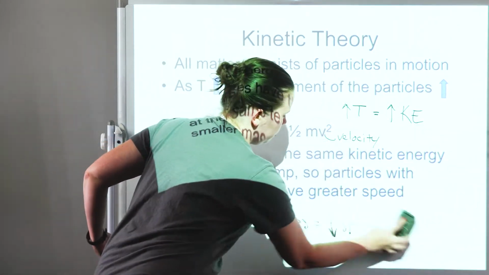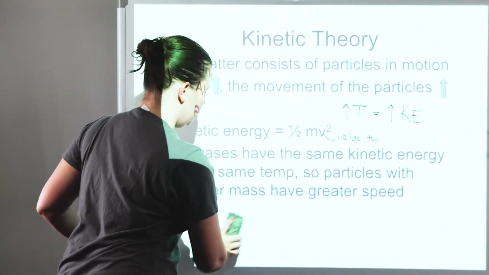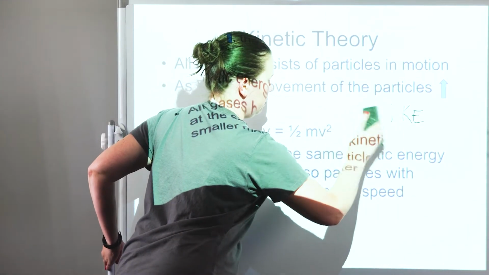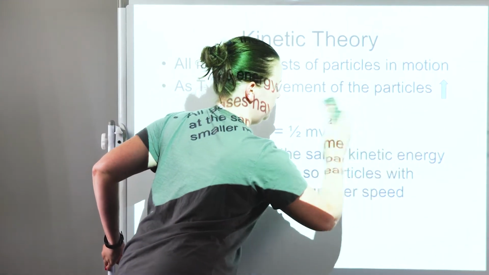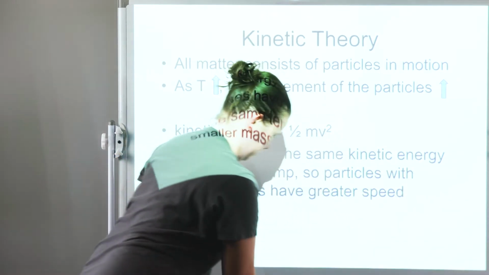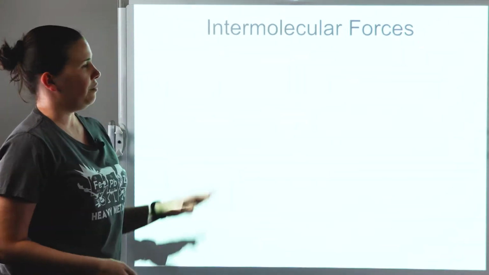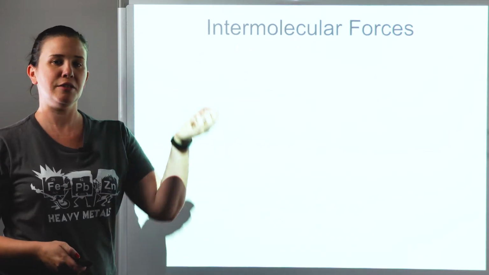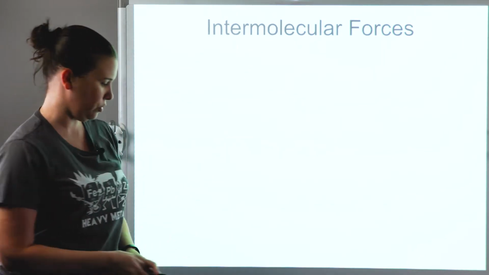The next thing I want to look at is a little review on intermolecular forces. So if I look at intermolecular forces, you may remember that that's different than intramolecular forces.